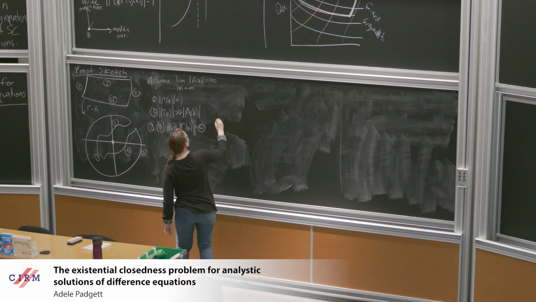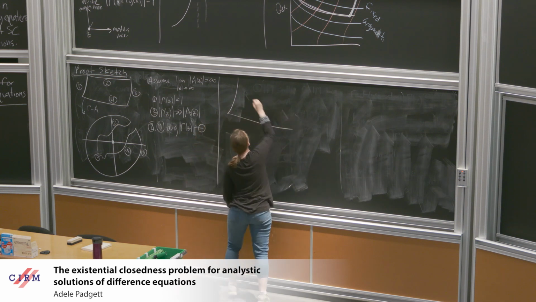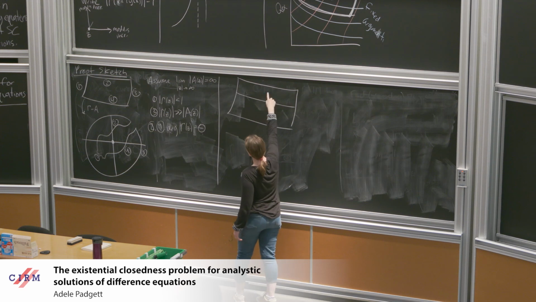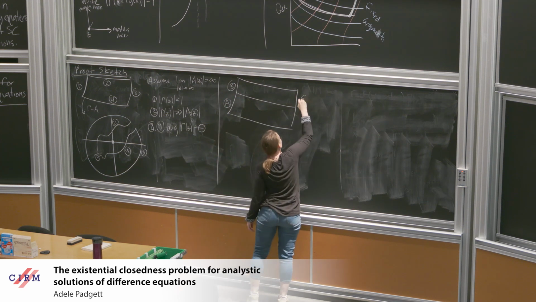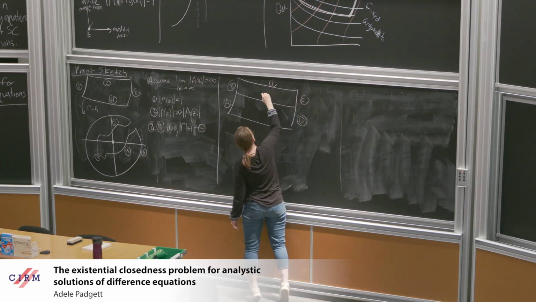So if we now have 2 of these curves, I'll label them differently. So here's A, B, C, and D. And these fixed argument curves are, let's say, 1, 2, and 3.